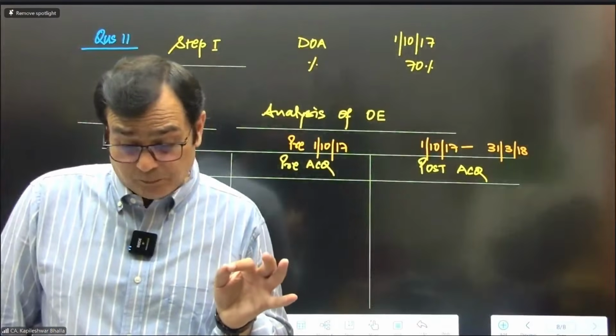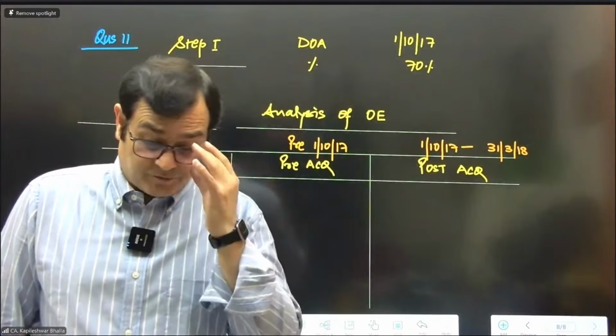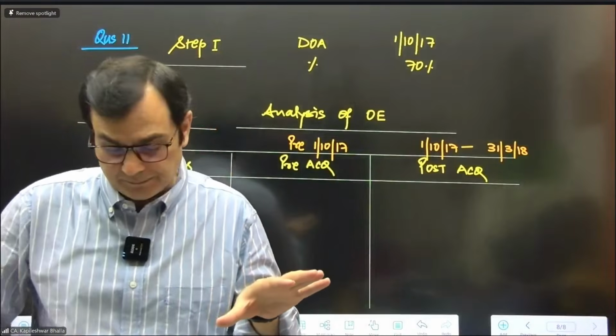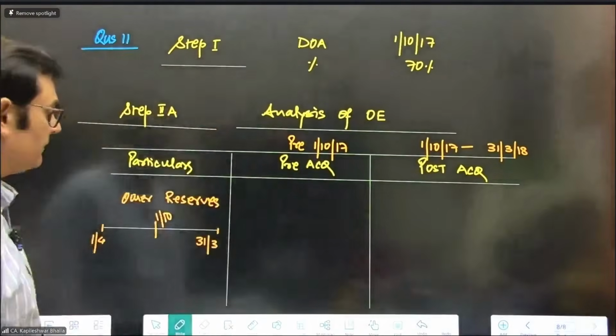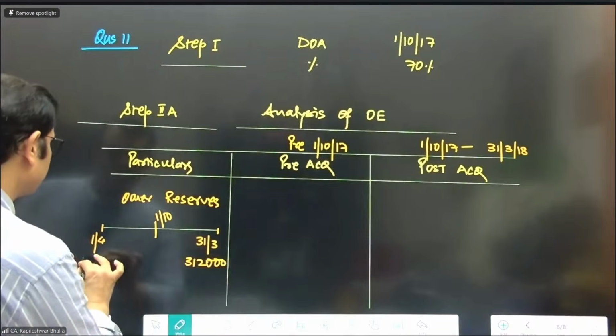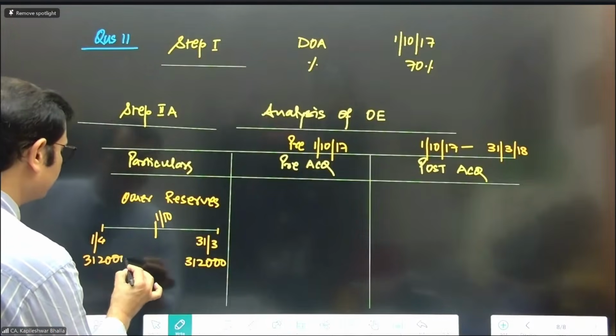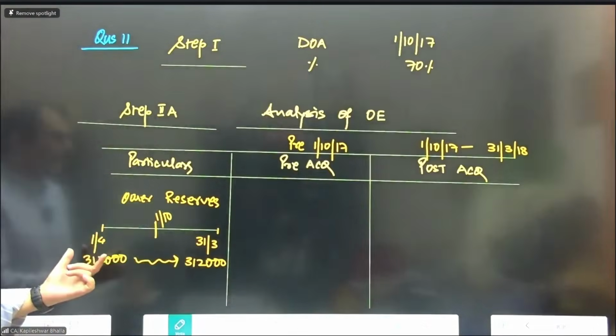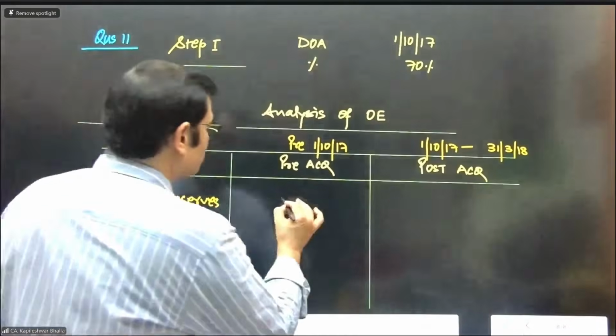Now, let's note down the information. It says in point number 7, other reserves on March 18 are the same as on 1st April 17. So your other reserves are appearing at 3,12,000, and it says that it was 3,12,000 even at the beginning of the year. So there has been no movement during the year. So this entire balance becomes pre-acquisition in nature.